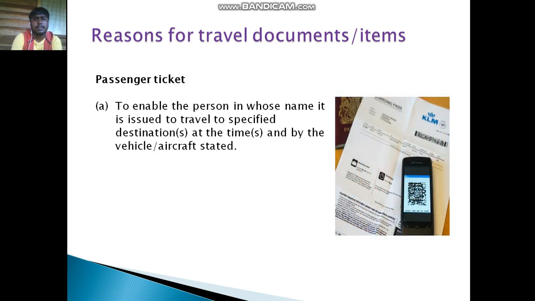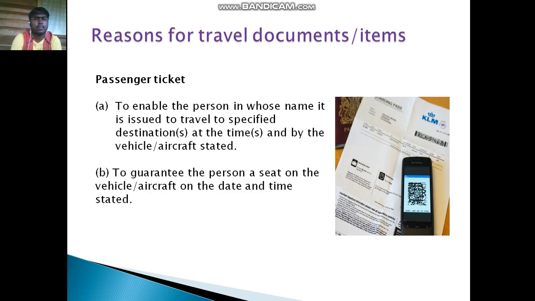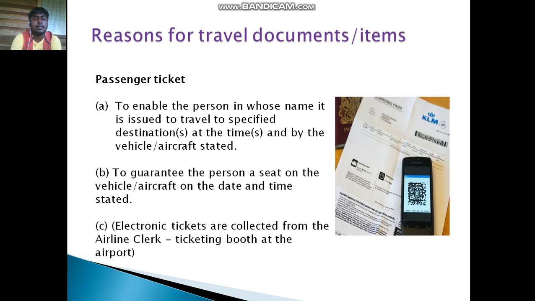Passenger ticket: to enable the person in whose name it is issued to travel to a specific destination at the time and by the vehicle or aircraft stated, to grant the person a seat on the vehicle or aircraft on the date and time stated. Electronic tickets are collected from the airline clerk ticketing booths at the airport.